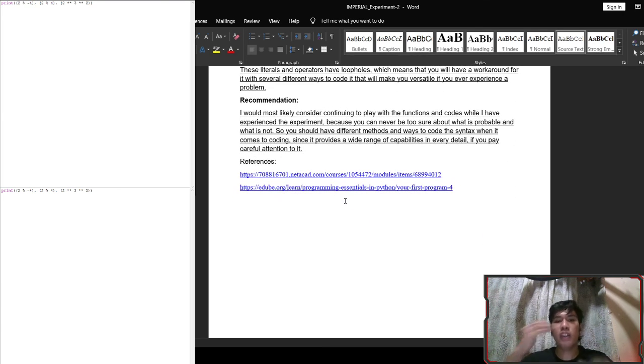And I will highly recommend this because you can have fun while solving. You can have fun coding and having experience in this experiment.